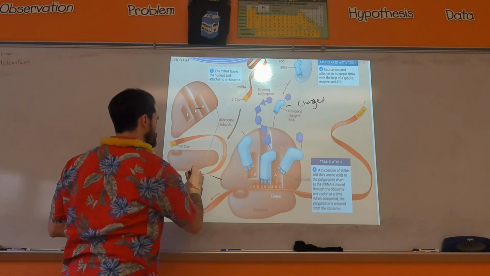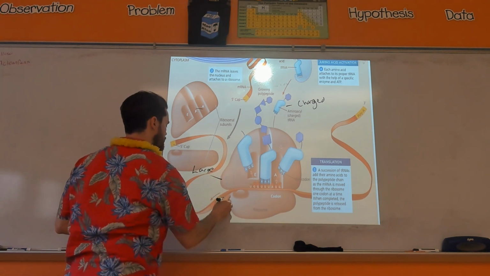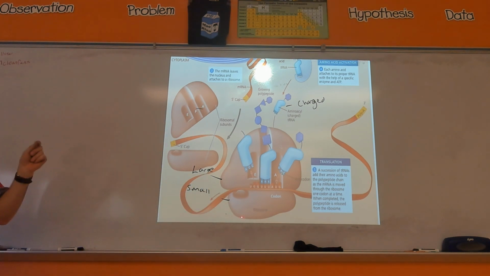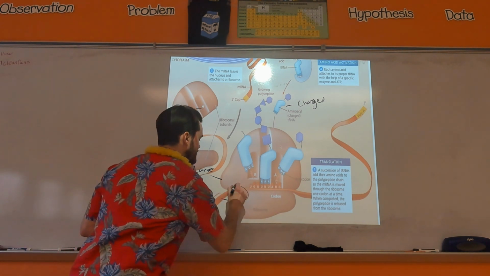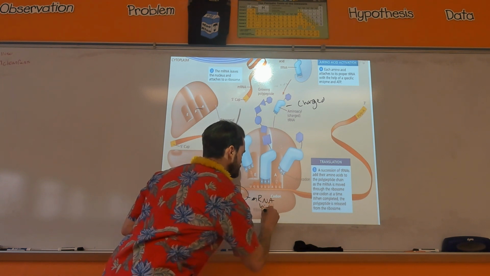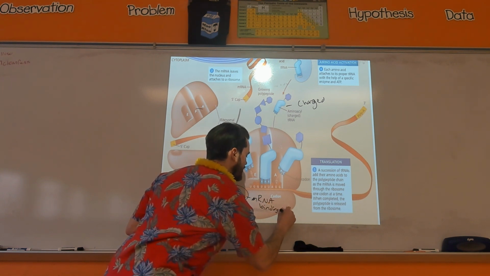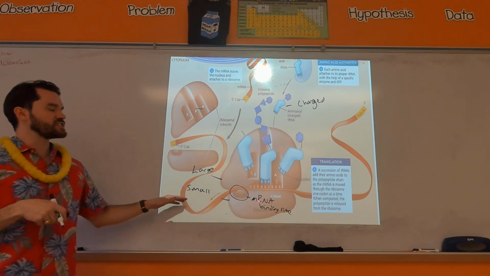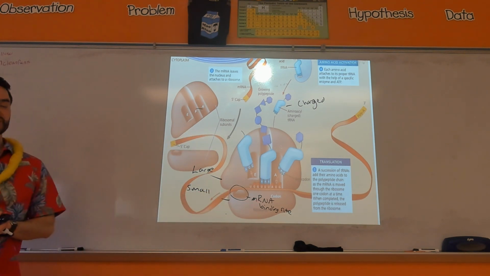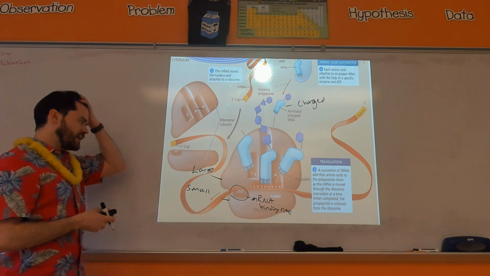It has a large subunit and a small subunit, where the small subunit is what's going to bind first. So the small subunit has an mRNA binding site that will bind to the mRNA. And once the small subunit has appropriately bound the mRNA, then the large subunit can hook on.